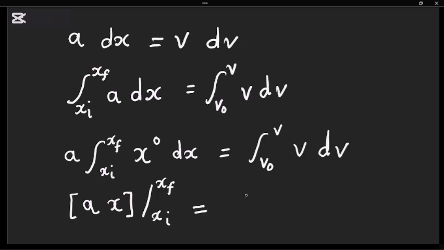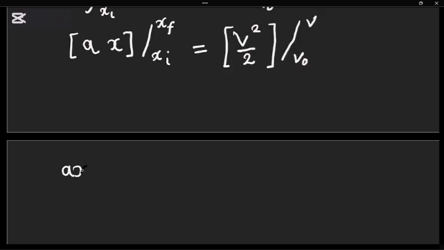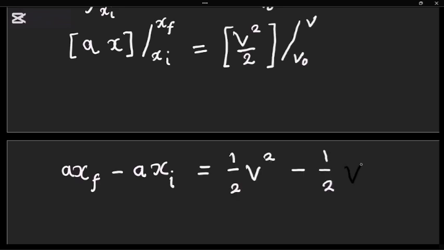which will be equal to, when you integrate v, you will get v squared divided by 2. You put back your evaluation bar from v up to your v naught. Substituting here your x final, it will give you ax final minus ax initial, which will be equal to 1 all over 2 v squared minus 1 all over 2 v naught squared.